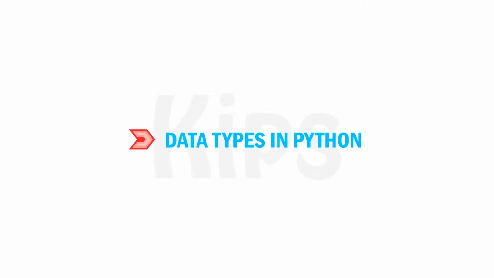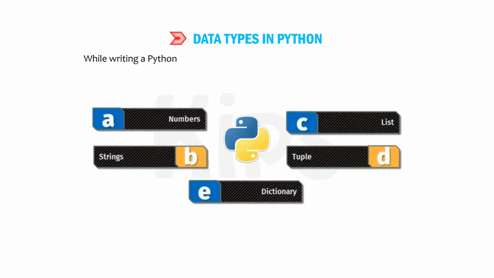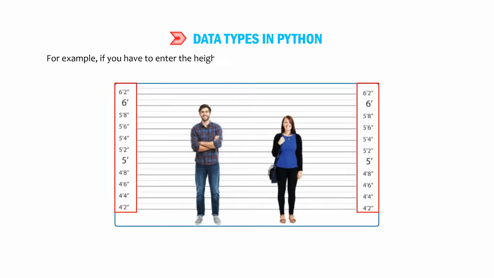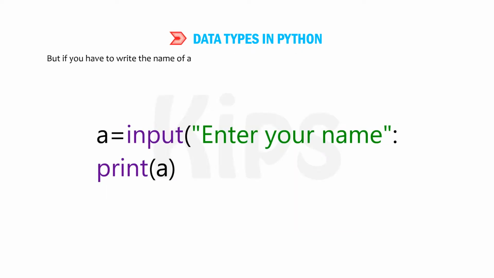Students, let us learn about data types in Python. While writing a Python program, you need to work with different types of data. For example, if you have to enter the height of a person, you will be required to use the decimal value. But if you have to write the name of a person, then you need to use a string or a collection of characters.